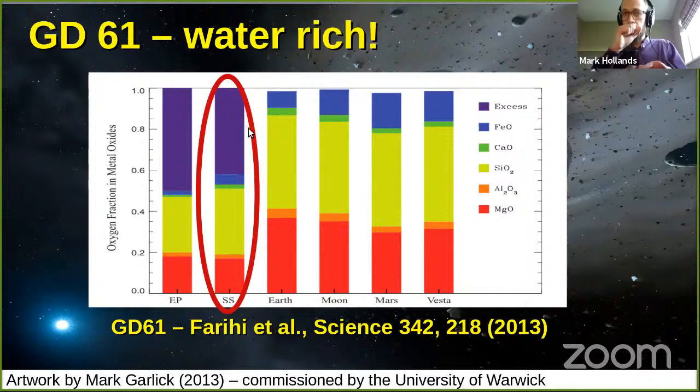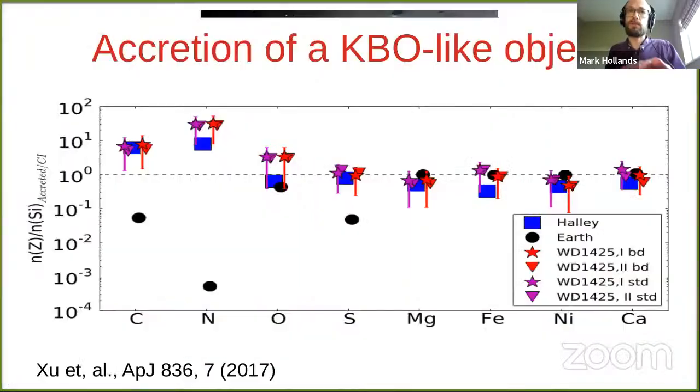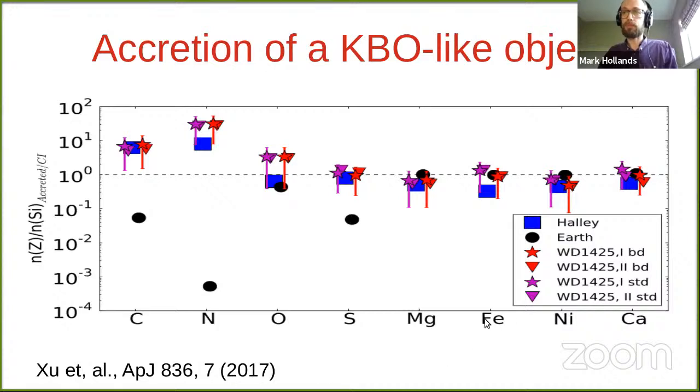But the things I've discussed so far are all talking about rocky things like asteroids and minor planets. But we also see evidence in at least one case of a comet-like object or a Kuiper belt-like object. So Zhu et al. in 2017, just a few years ago, looked at this white dwarf 1425 and the abundance patterns in the atmosphere enhanced in sulfur, nitrogen, and carbon.